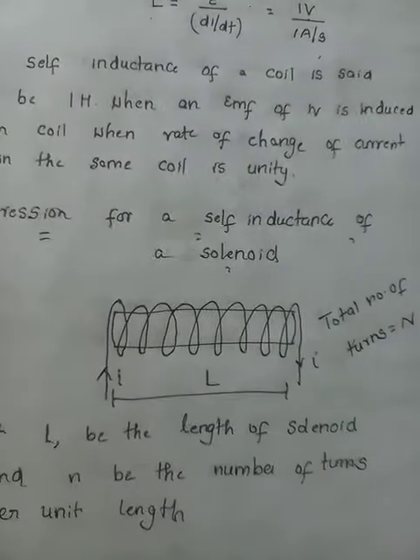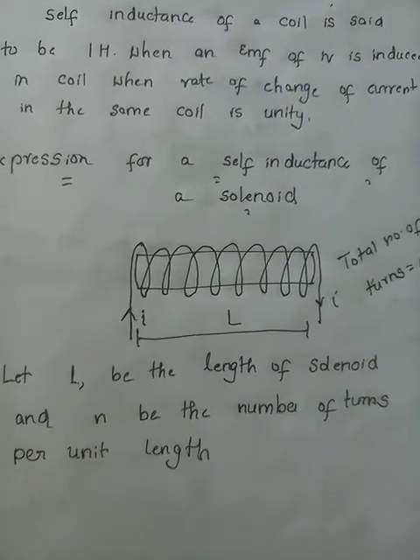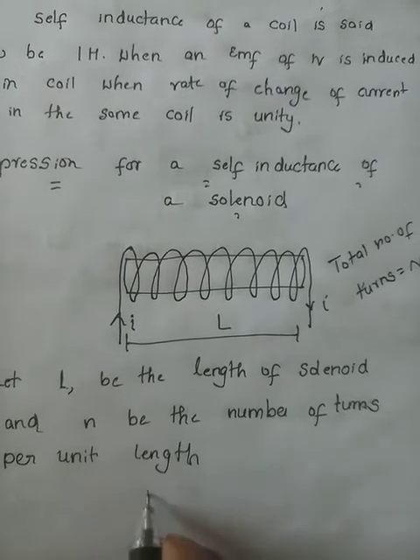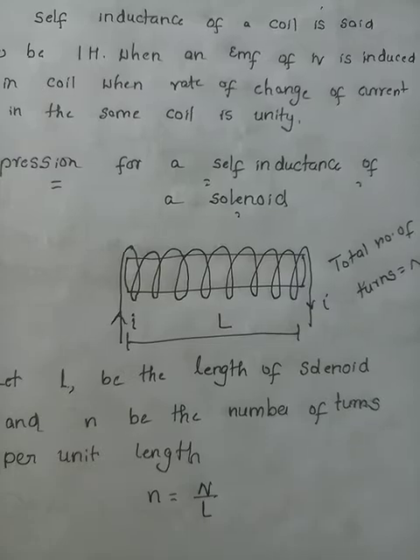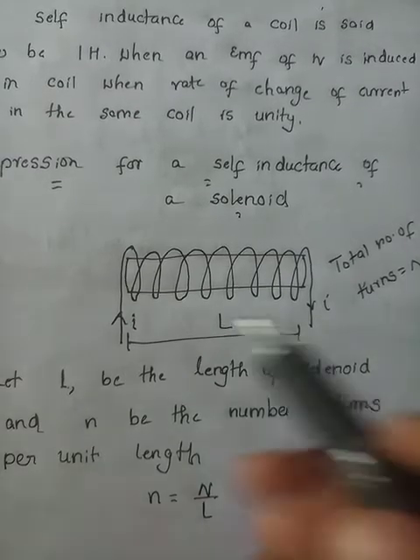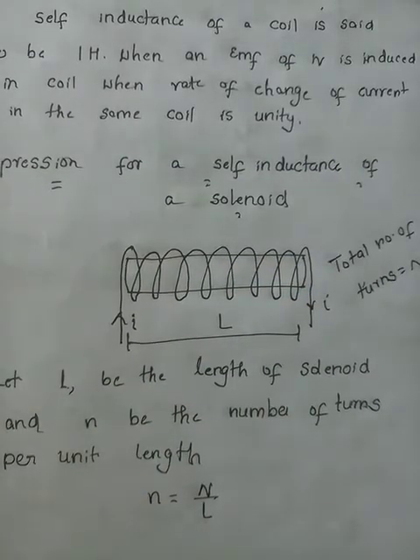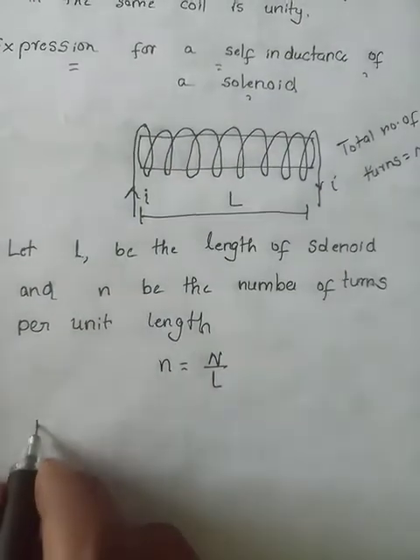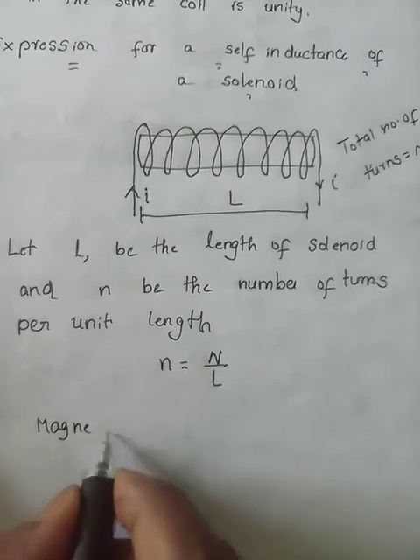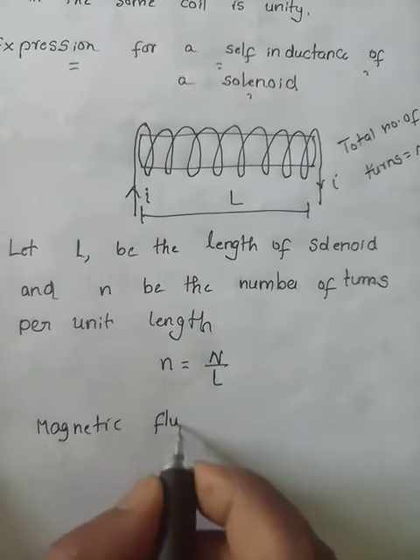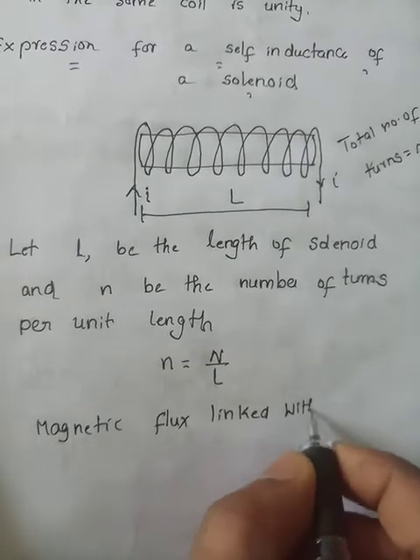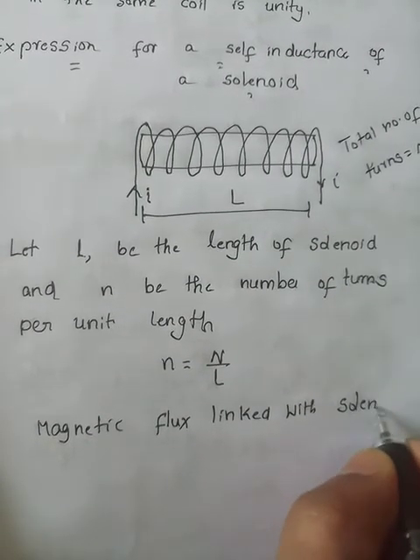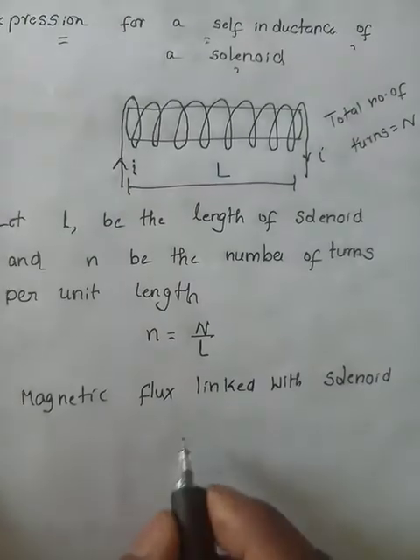It is capital N. So, we can write small n is equal to N by L. So, how to calculate the self inductance? Simple. We have to calculate the magnetic flux linked with the coil. So, what is the magnetic flux linked with the solenoid?